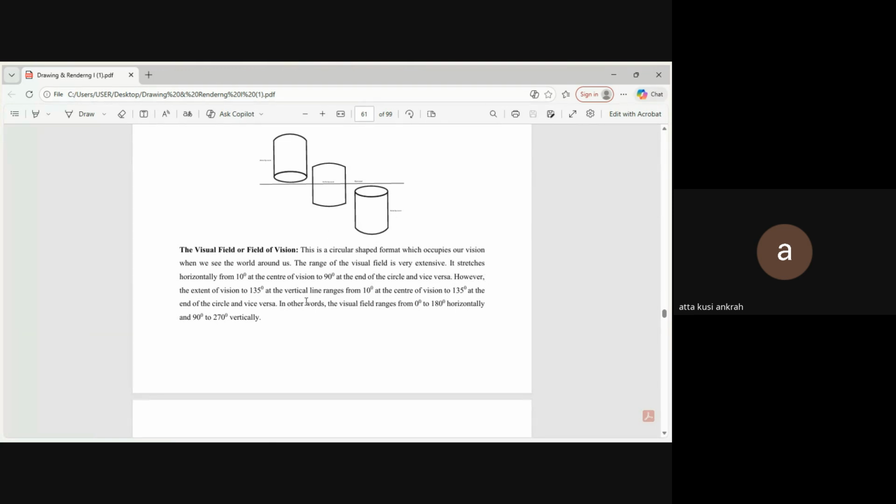So we are looking at the angle where we see the things from. Every angle you see the things from will be different from the other, because if you see something at the 90 degrees angle and you are rendering it, it's going to be different from what you see from 135 or 270 angle.